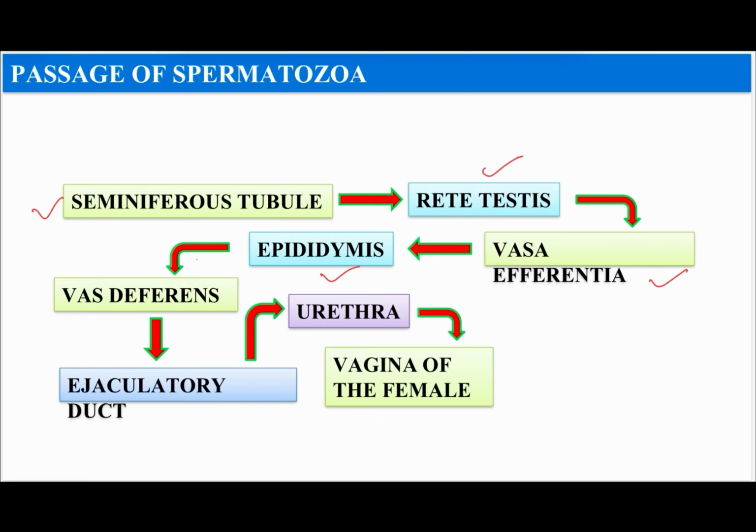From the epididymis they move into the Vas Deferens, and then into the ejaculatory duct. The ejaculatory duct means Vas Deferens plus the duct from the seminal vesicle. From the ejaculatory duct it goes to the urethra, and from the urethra to the vagina of the female. So this is the total passage of the spermatozoa.